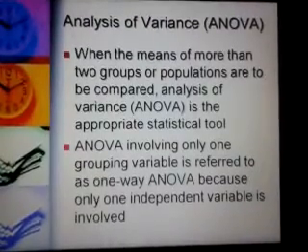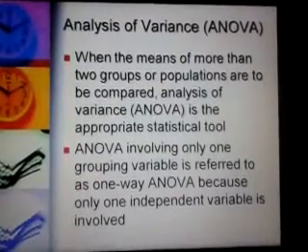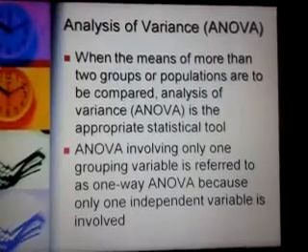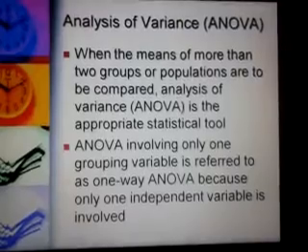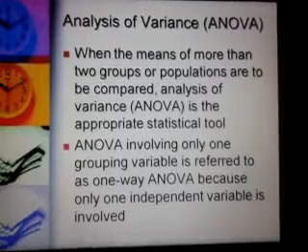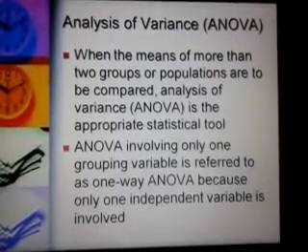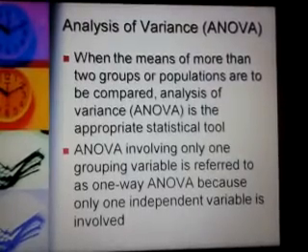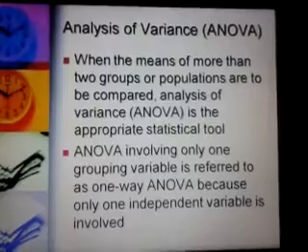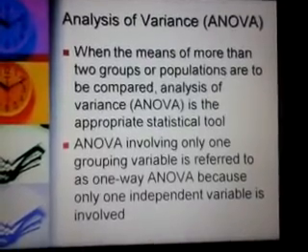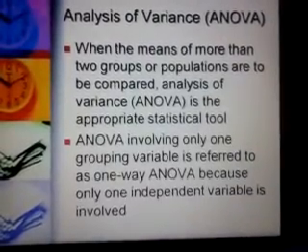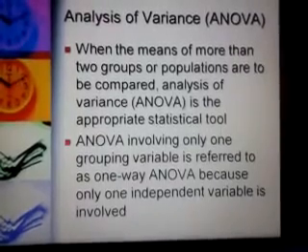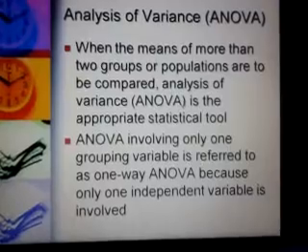We compare the mean of sales with advertisement and without advertisement in two areas. But if we consider sales with advertisement, without advertisement, or another group, meaning now we are comparing the mean of more than two groups or more than two populations, then ANOVA is an appropriate tool.